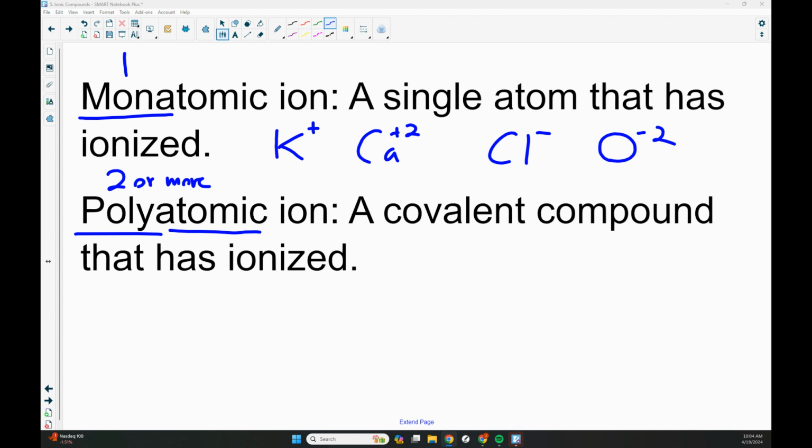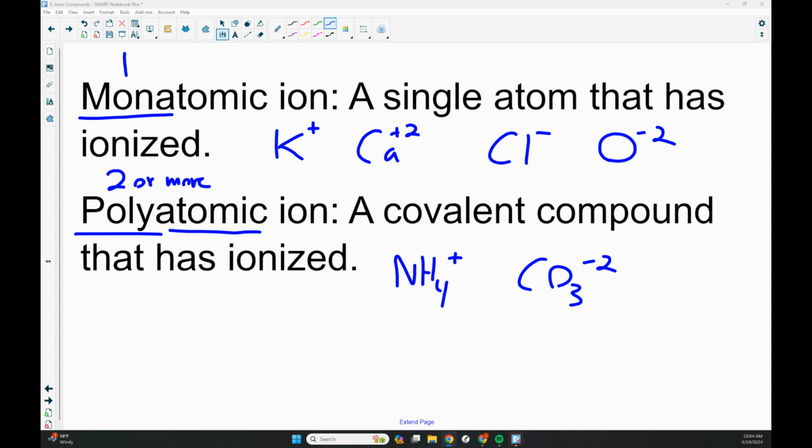So some examples of these would be NH4, which is the only positively charged covalent polyatomic ion. And another example would be CO3, which is a polyatomic ion called carbonate, and it is what gives your carbonated beverage its fizzy flavor.